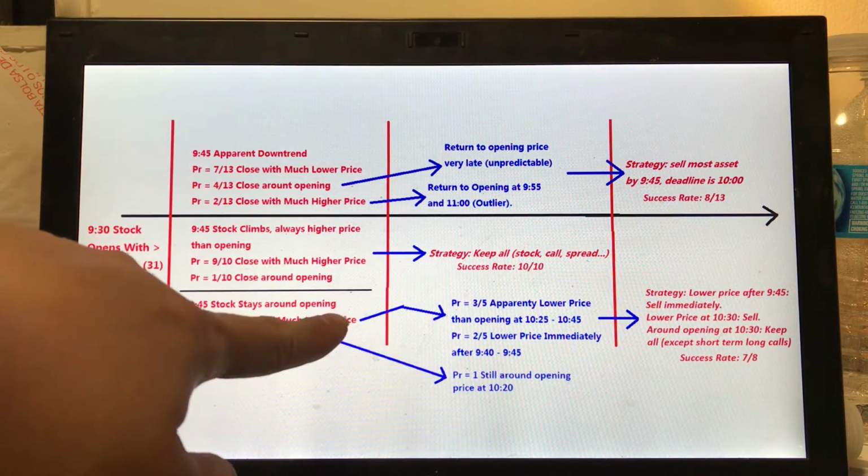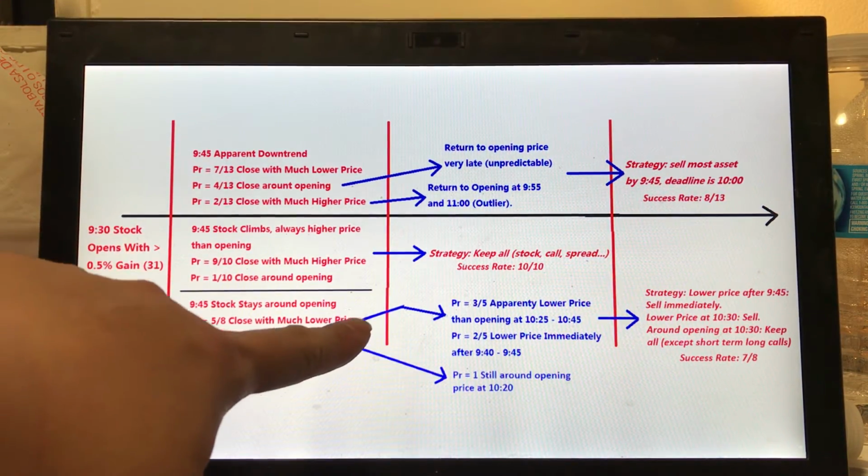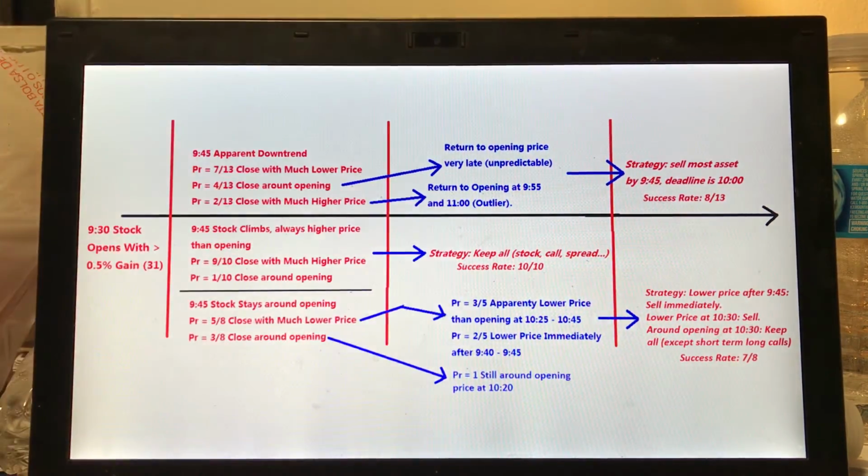And out of these 5 cases, there are 3 cases where the stock trades at an apparently lower price than opening at about 10:25 to 10:45 a.m., and there are 2 out of 5 where the stock trades at a lower price immediately after 9:40 to 9:45 a.m.